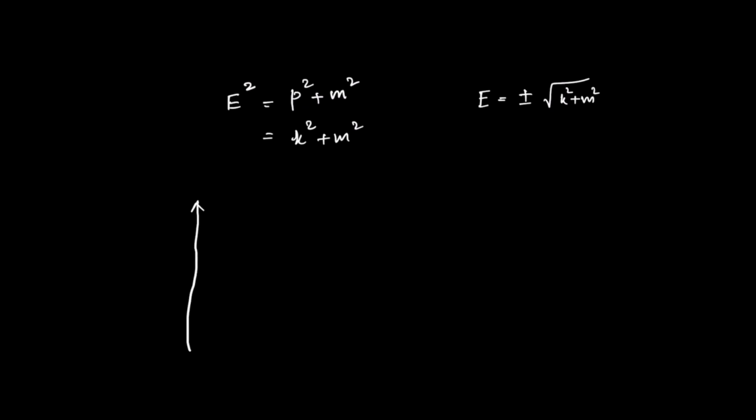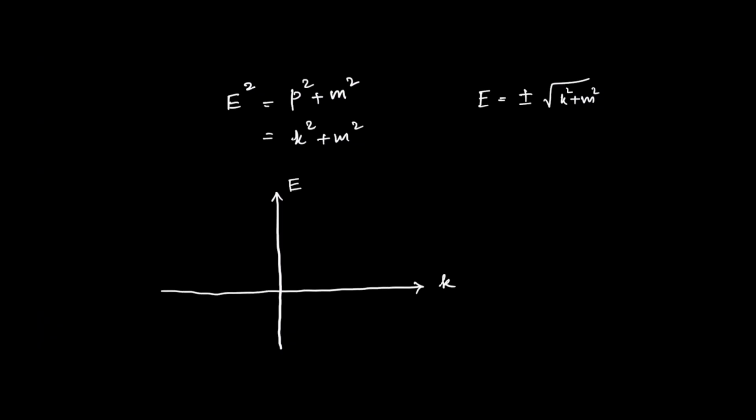Then if I consider energy here and the k here, then E is equal to, there are two solutions, plus root of k square plus m square and minus root of k square plus m square. So this will be the positive energy solution.